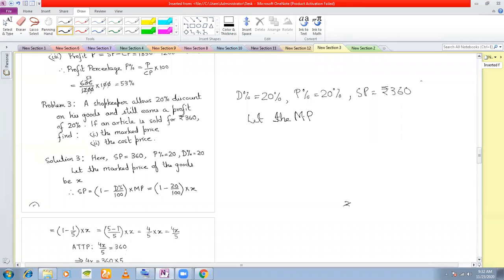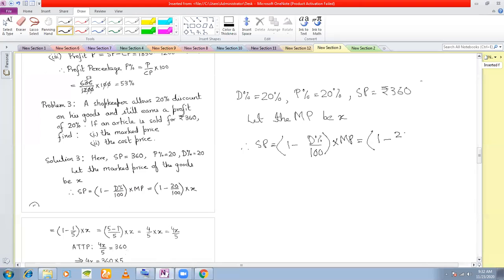Whenever you don't know the mark price, as I told you, assume it to be X. Let the mark price be X. So therefore, what should be the selling price? 1 minus discount percentage by 100 into mark price.